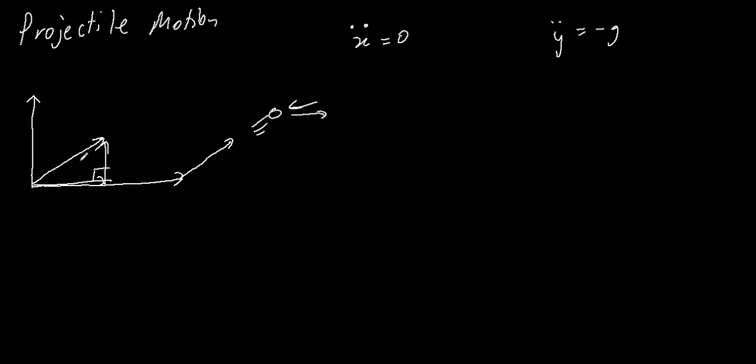And so what this represents is that my vertical velocity is always changing. This projectile or object is being pulled towards the ground at g meters per second per second. So its velocity vertically is changing. That's what this means. And the amount that it changes is represented by this number.